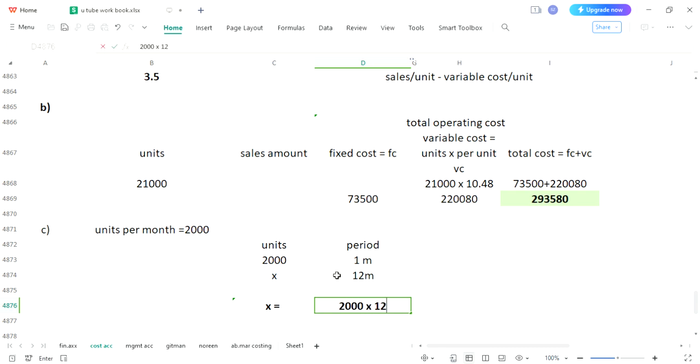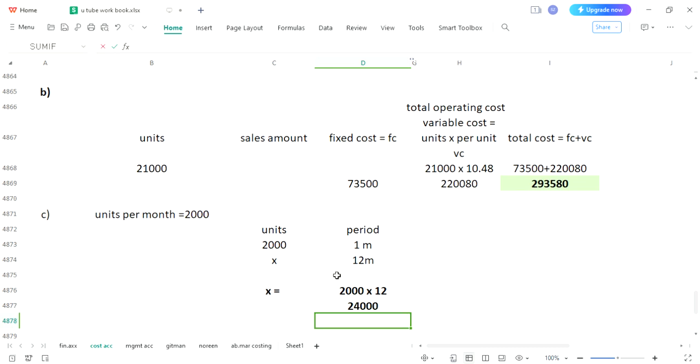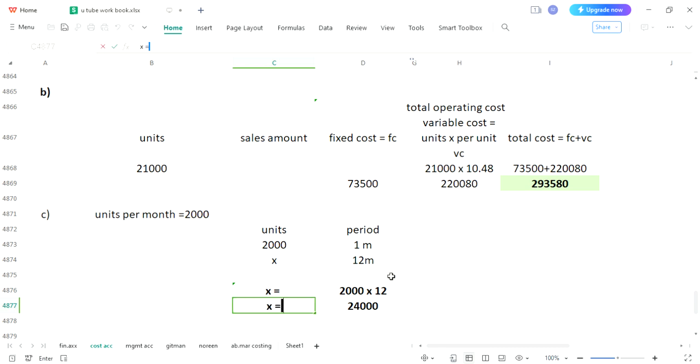In this way, the next step can be taken, 2000 multiplied by 12, and what is on your left side, that would be your X. What we have calculated, in 1 month 2000 units are sold. In 12 months, how many units would be sold? So what we have done, these are units per annum.